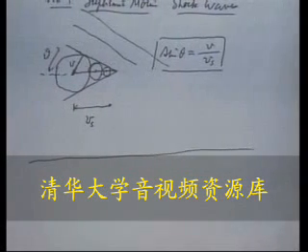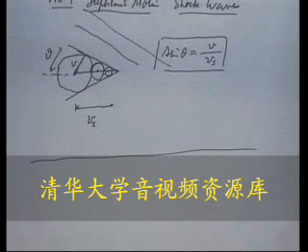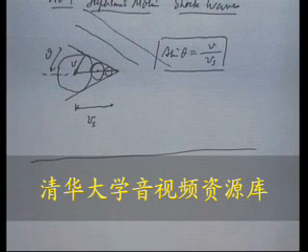Okay, we have more or less gone through the mechanics part of the book. Before we embark on the next chapters, thermodynamics and statistical mechanics, we have to review a little bit.